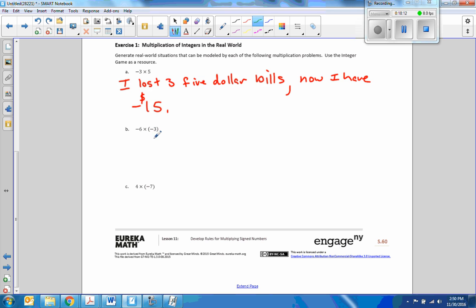-6 times a -3. Okay, so let's play the integer game on this. Okay, so I can say I removed 6, removal means negative. I removed 6 -3 cards from my hand.